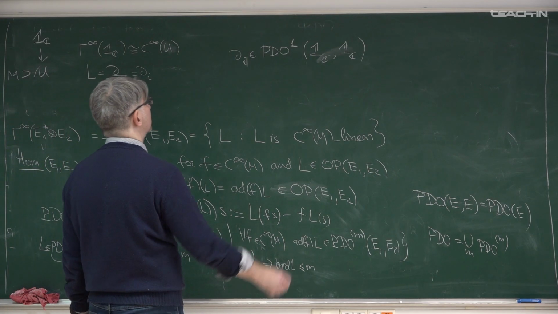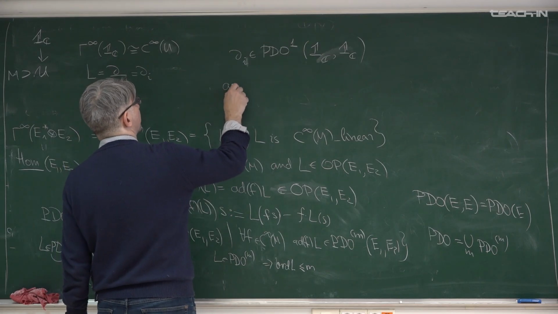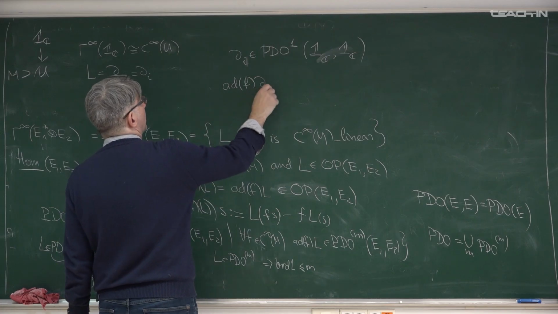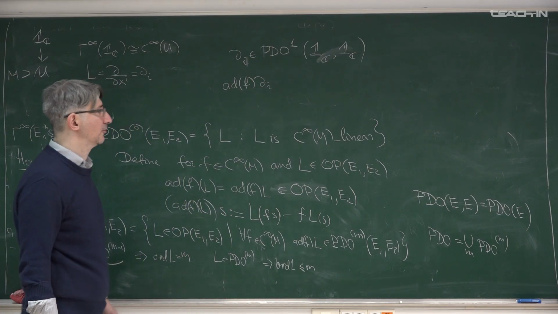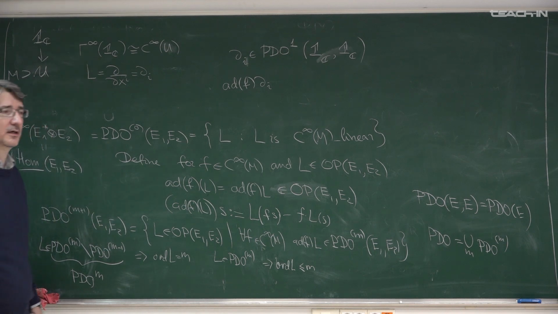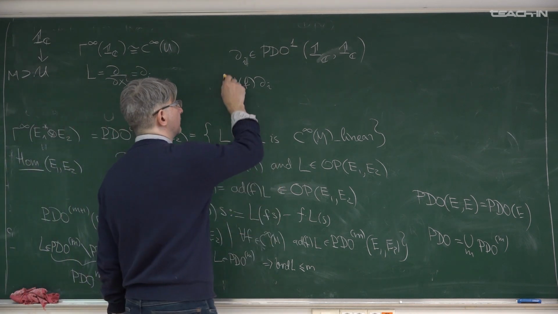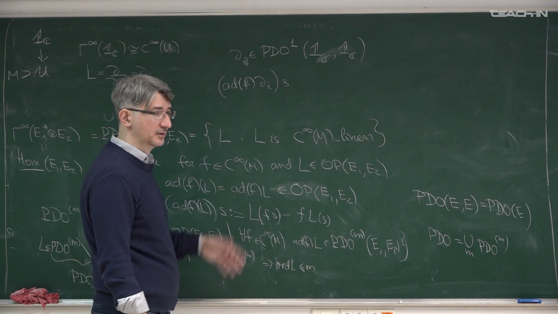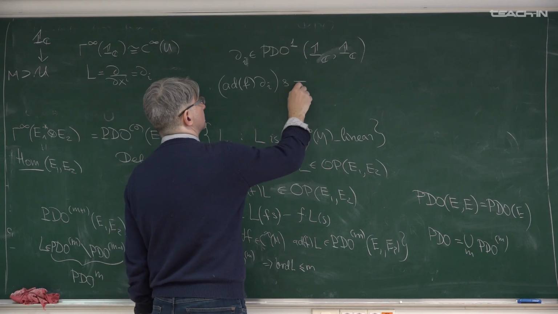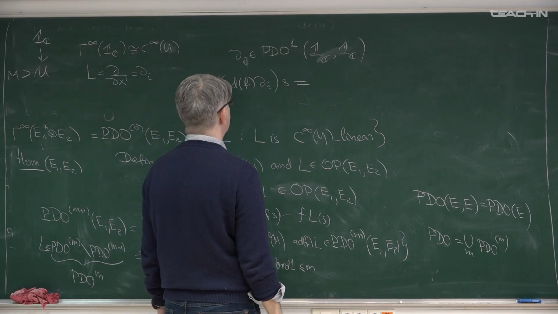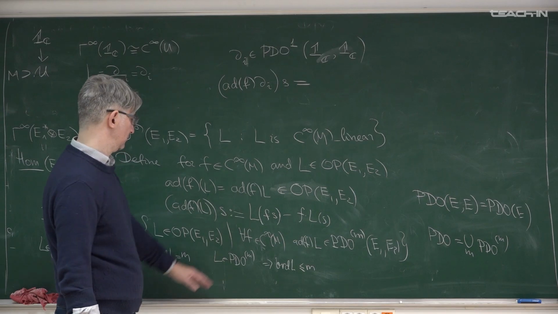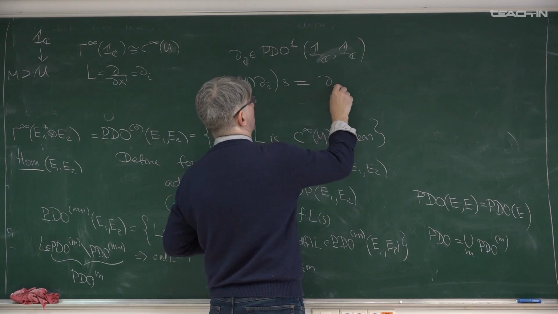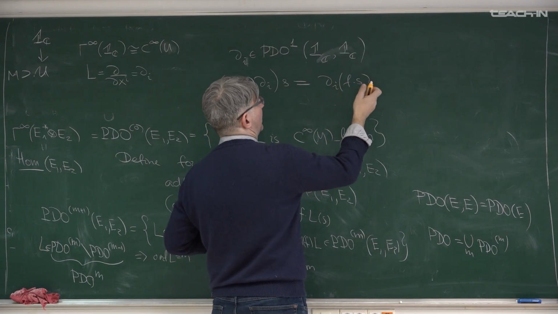Okay, let's check. Take a smooth function f, calculate the commutator of f and di, and apply it to a section s. We should apply this formula. We take the partial derivative of the product f by s.